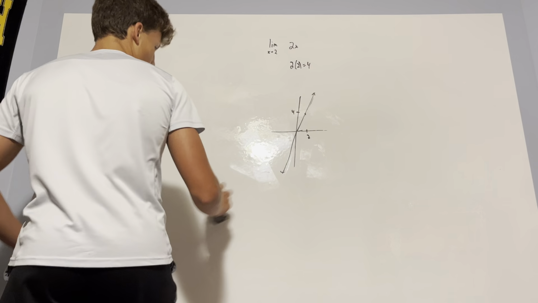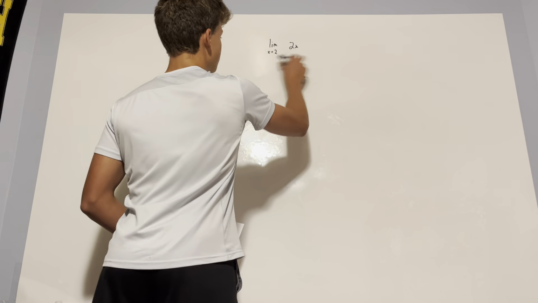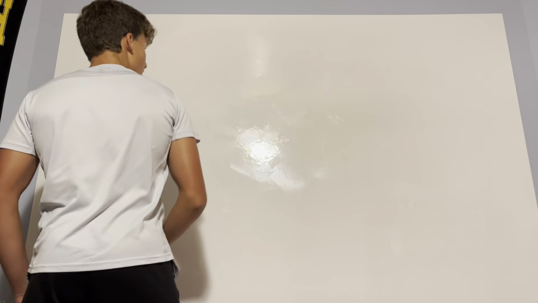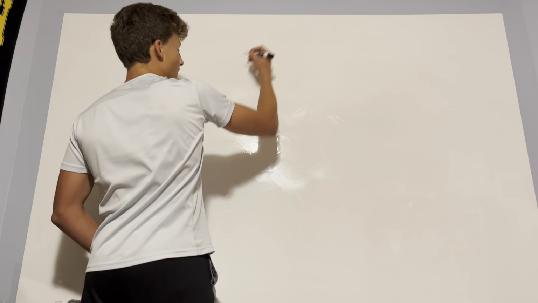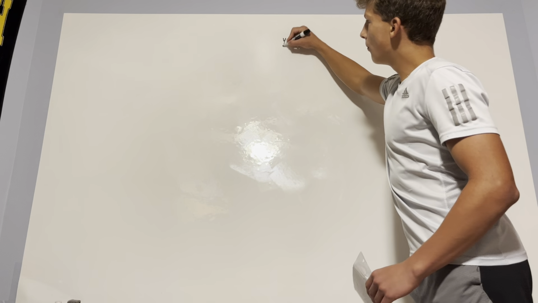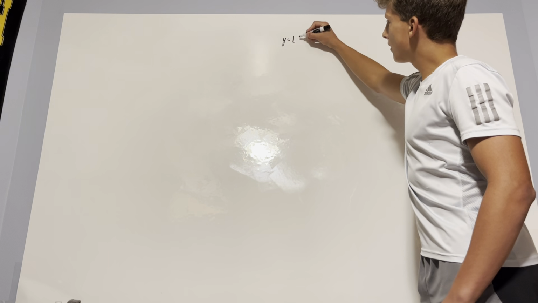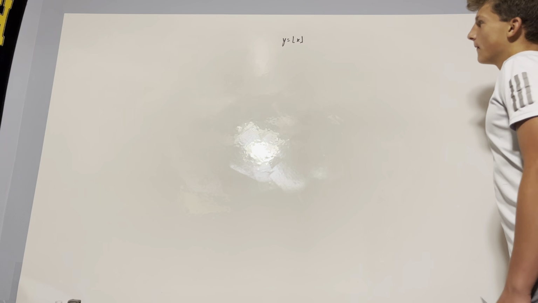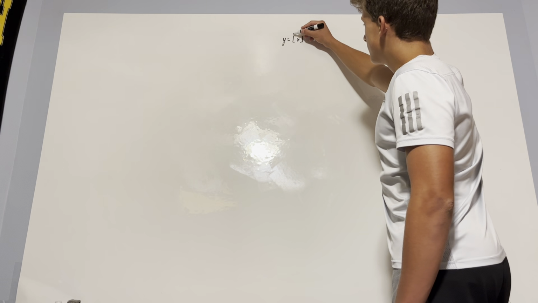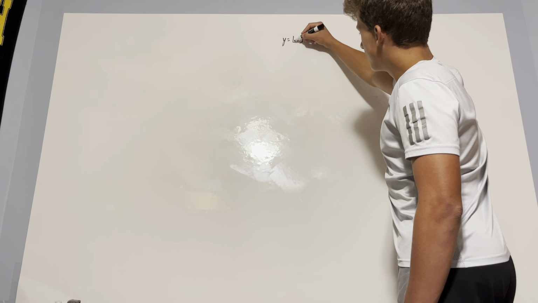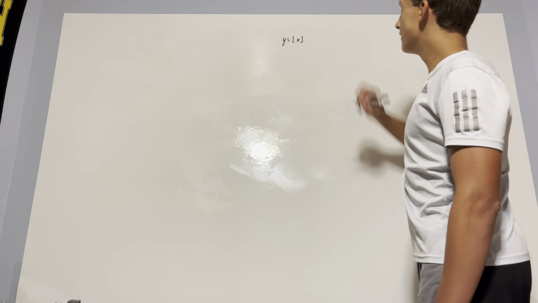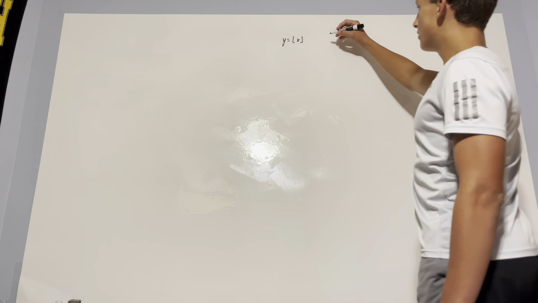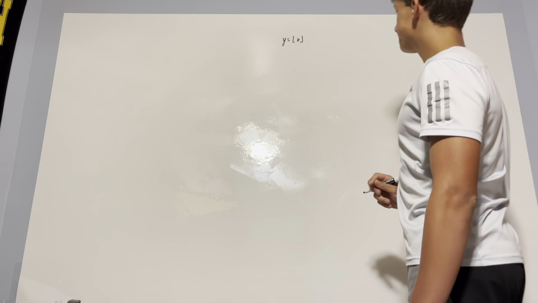So now let's look at a more interesting example. Let's examine the function y equals this thing. What does that mean? Well, these brackets with only the bottom part closed is called the floor function.